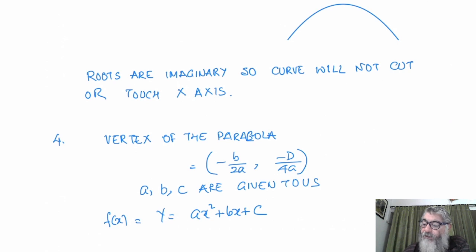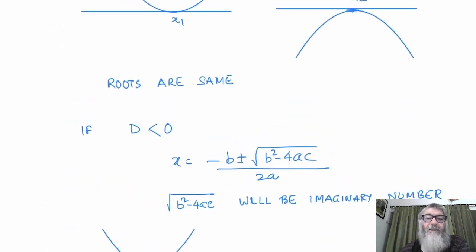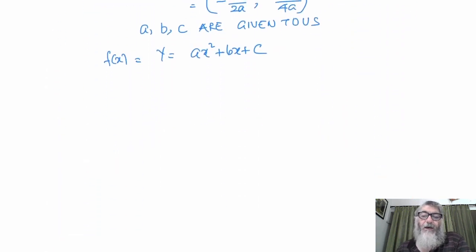A is known, B is known, C is known, and D of course is B square minus 4AC. Under root B square minus 4AC gives you the roots. Otherwise, if it is B square plus 4AC, it is never going to be negative. Because of the minus, it can become imaginary.